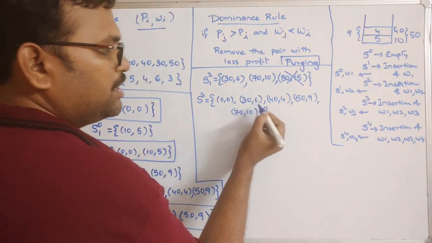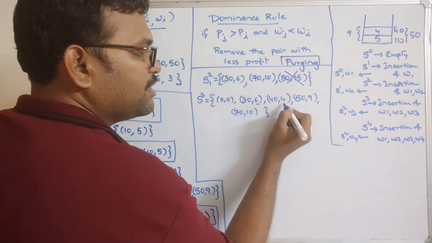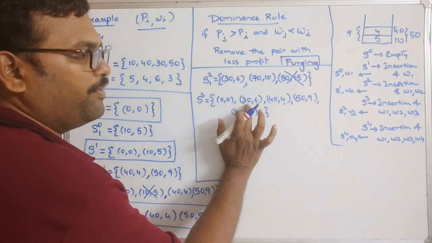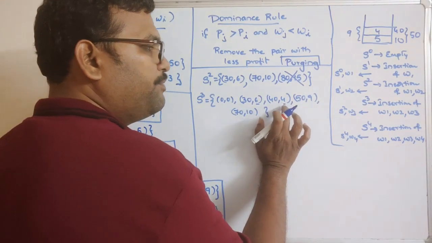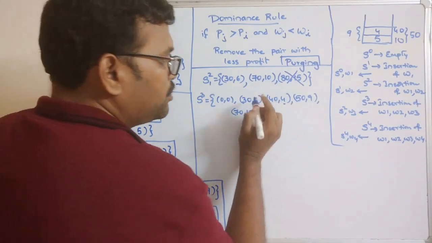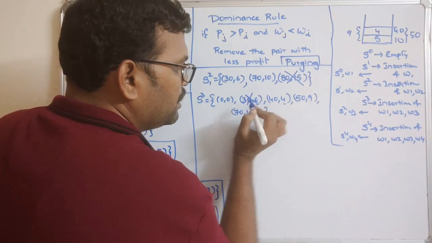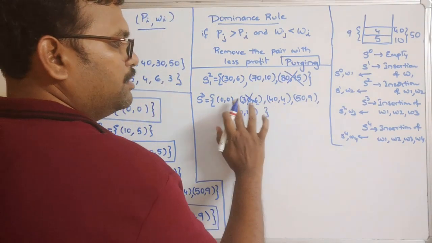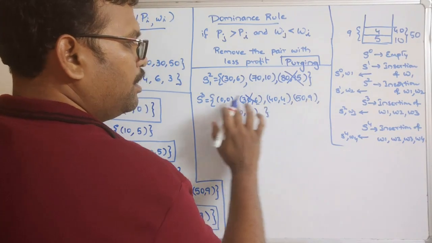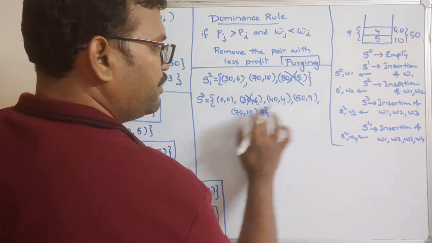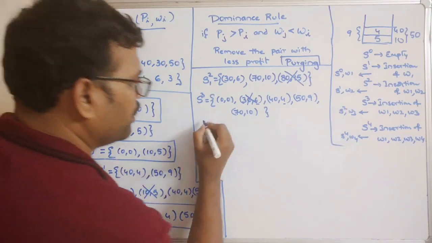And again you can see the same thing. Here 6 and here 4. We are getting a profit of 30 for weight 6 and more profit for weight 4. So we can remove the less profit. And 0 to 40, 40 to 50, 50 to 70, everything is okay.